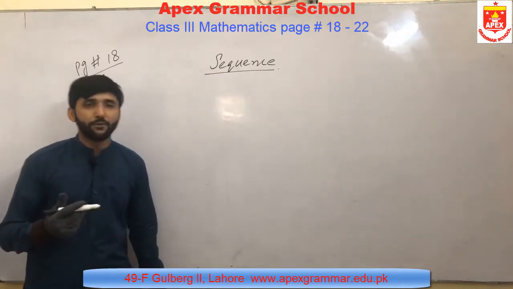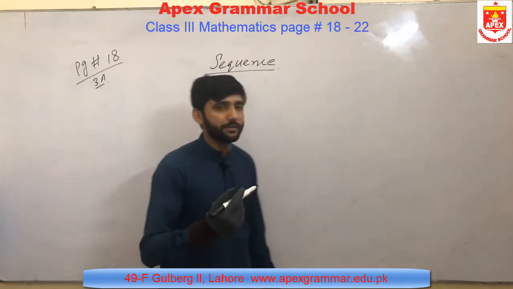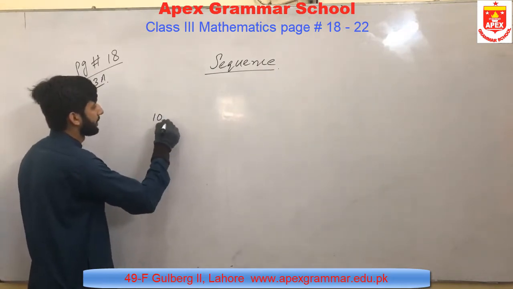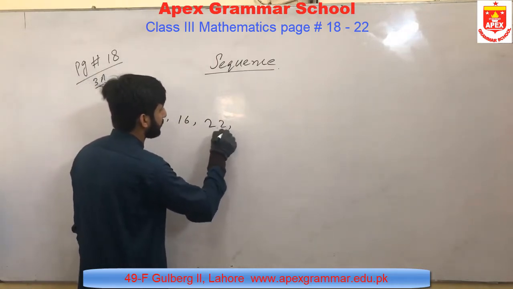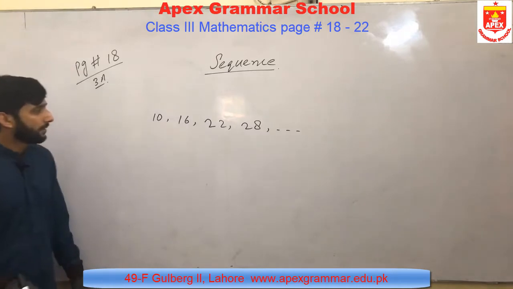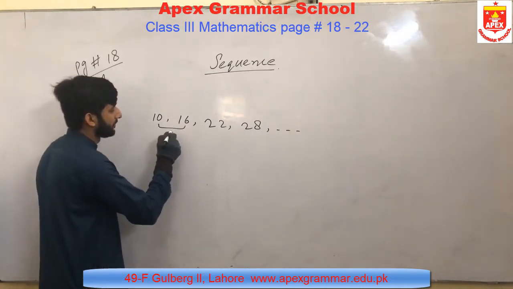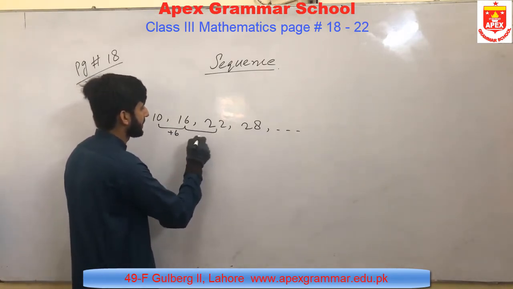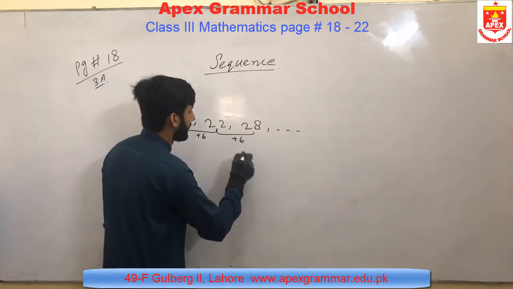All those numbers which follow a number difference, either increasing or decreasing, this is called a sequence, like 10, 16, 22, 28 and so on. 10 plus 6 is 16, 16 plus 6 is 22, 22 plus 6 is 28.